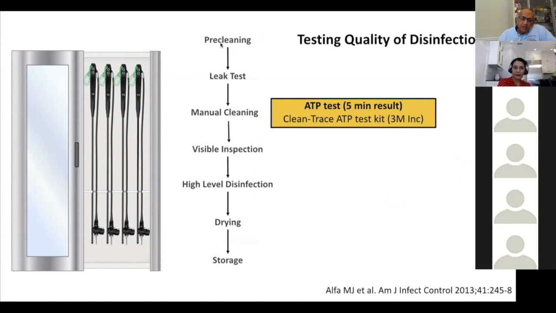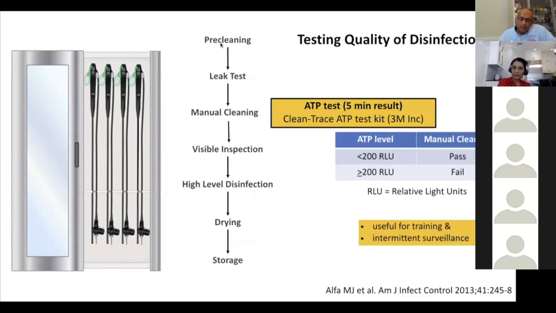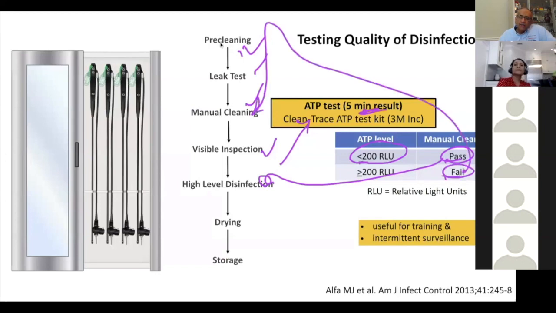There is a test called the ATP test. It is a simple test, and it looks for bioburden, and it takes 5 minutes to do. What you do is you do the pre-cleaning, leak test, manual cleaning, and during the visual inspection, you do the ATP test, and if it passes, you send it for high-level disinfection. If it fails, you go back and repeat the process.